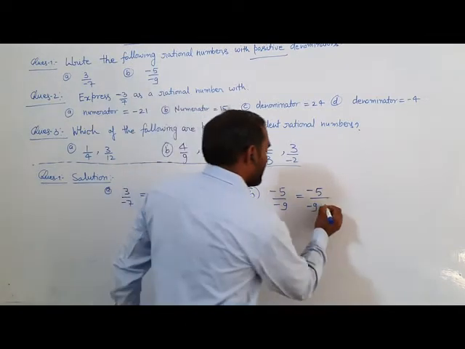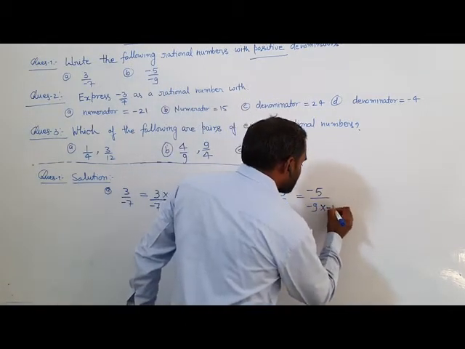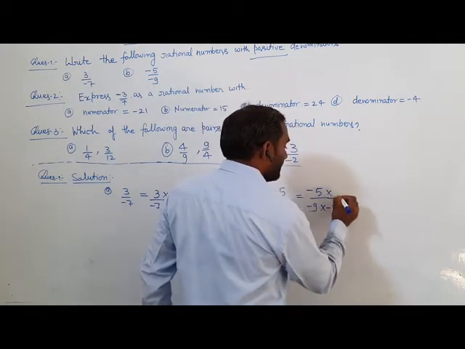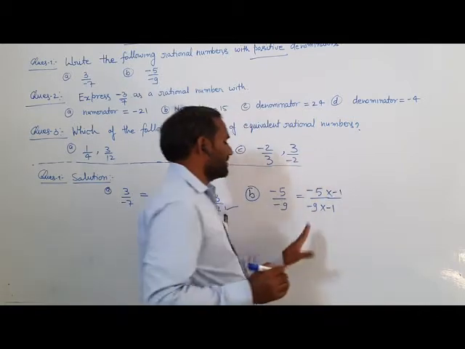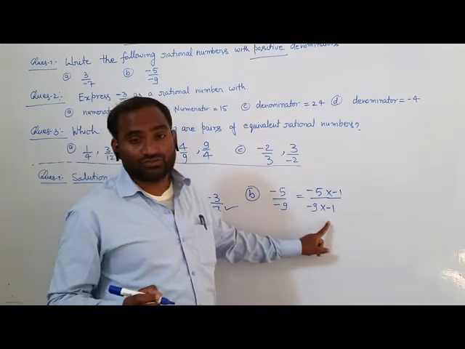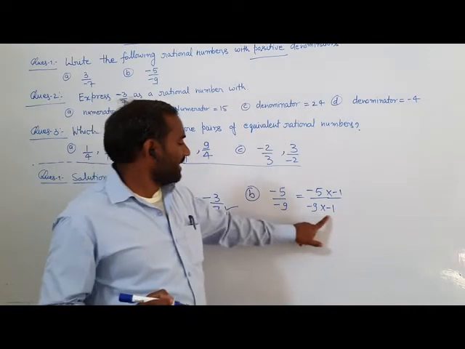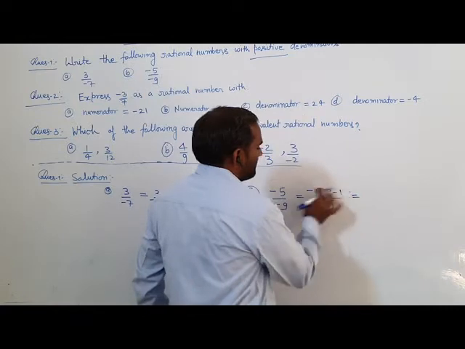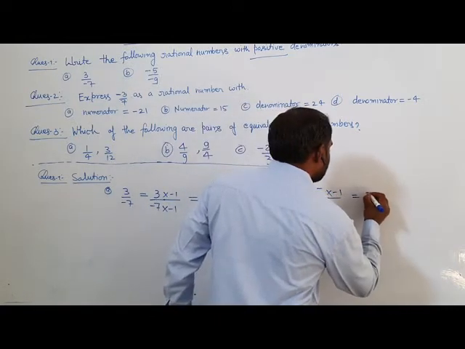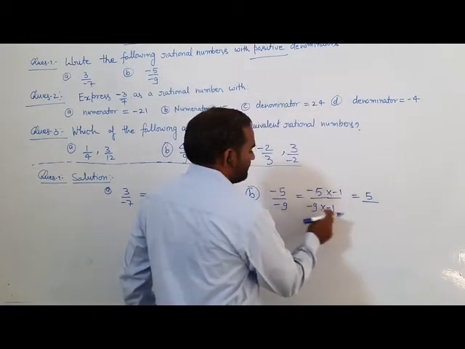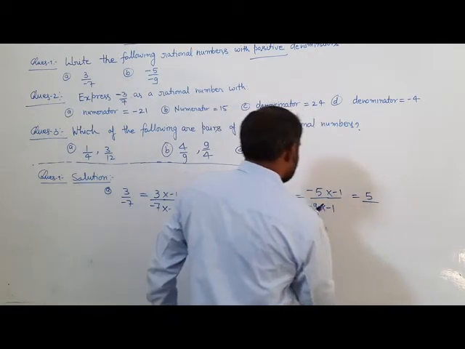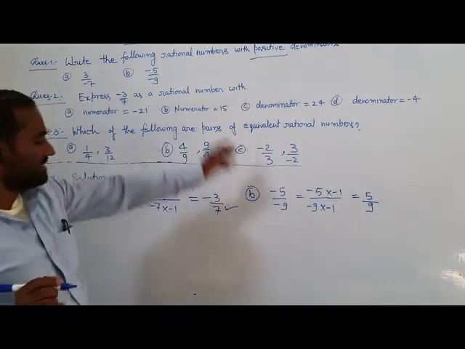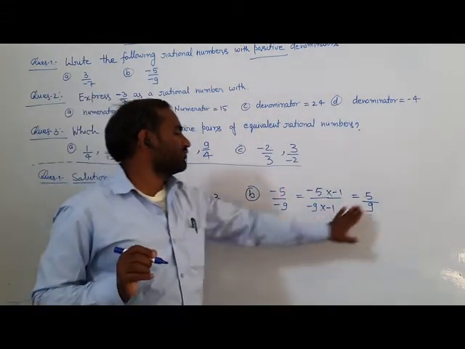So you have to multiply in denominator by minus 1, and by the same number you have to multiply also in numerator. क्योंकि यहाँ माइनस है इसलिए -1 से मल्टीप्लाई करेंगे, तो माइनस माइनस प्लस, प्रोडक्ट ऑफ सेम साइन इज पॉजिटिव, 5 1 जा 5, प्रोडक्ट ऑफ सेम साइन इज पॉजिटिव, 9 1 जा 9. So here we change minus 5 by minus 9 is equal to 5 by 9.